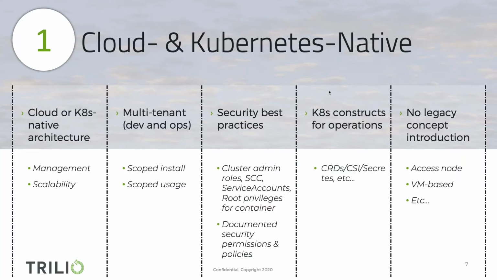So you want to make sure that you have a single way of managing all these applications together. You would want to use kubectl to manage your data protection solution the same way you manage the rest of your applications. If you introduce any other concept like a virtual machine or something in between, you're going to rat hole yourself into a bottleneck in terms of performance sometime or later.